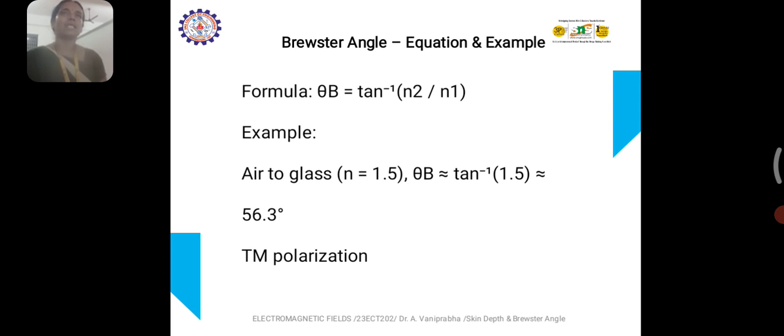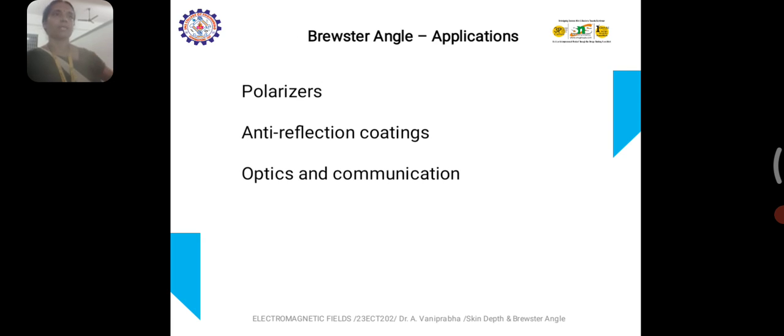For TE, transverse electric polarized waves, reflection always occurs and therefore no Brewster angle is present there. The main applications of the Brewster angle: it can be used in sunglasses and camera filters as polarizers.